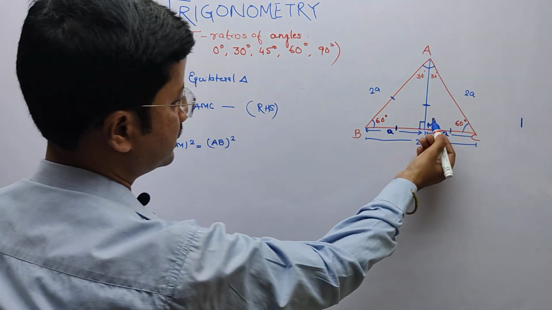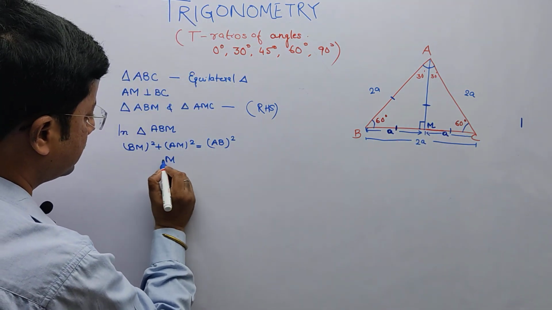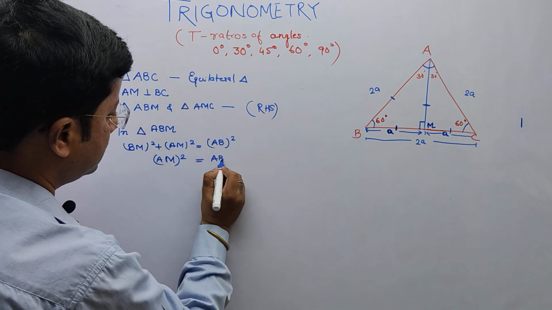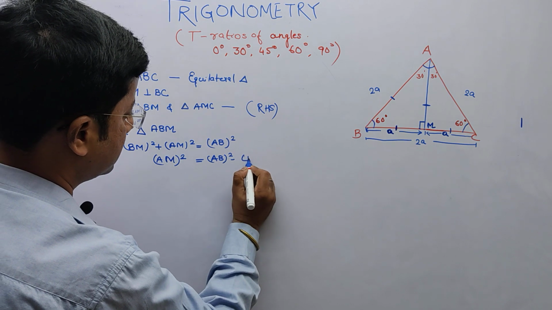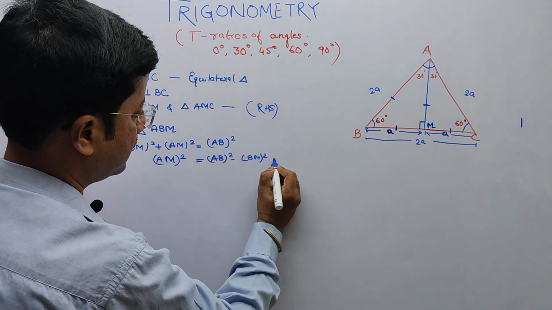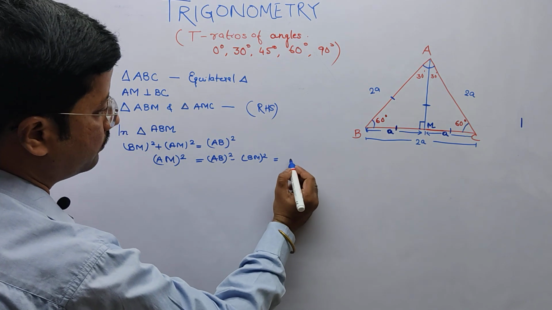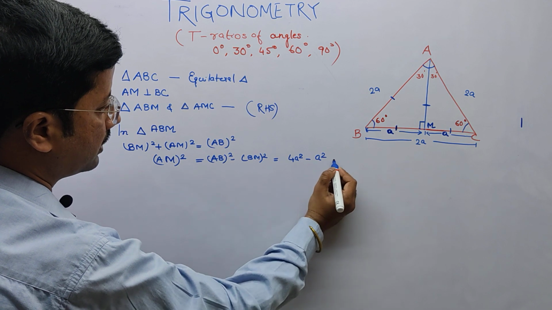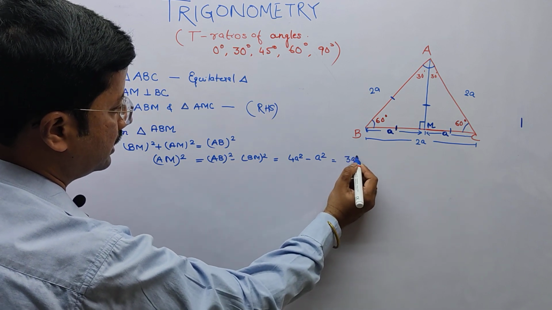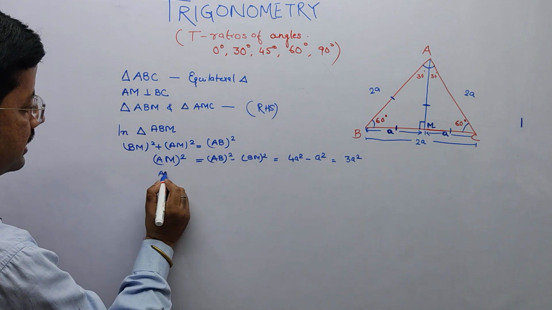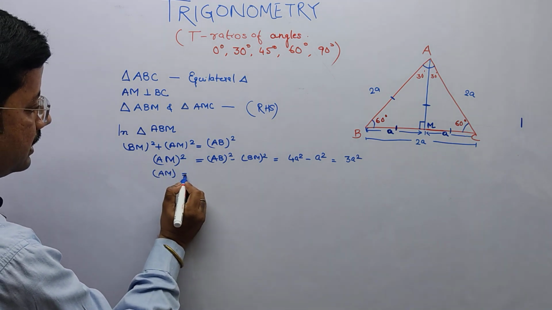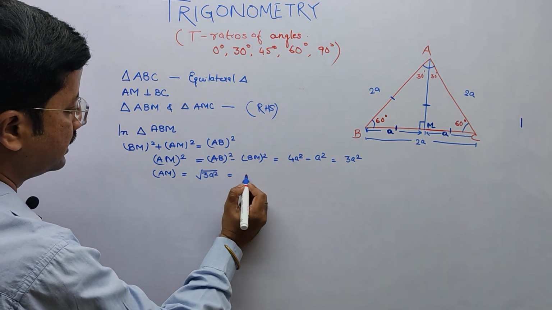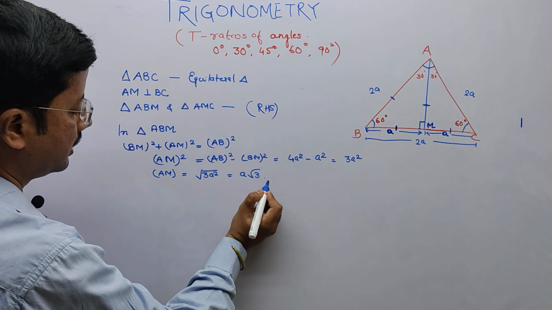So we need to find out this AM square, so we can also write here AM whole square equals to AB square minus BM square, and that will be equal to, AB square is how much, 4A square minus A square, that is equals to 3A square, or we can say here AM equals to root under 3A square, that can be written as A root 3.